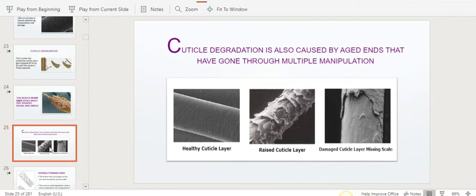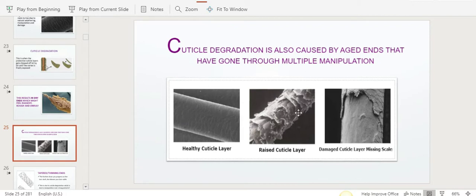So another reason why you can have cuticle degradation, aside from the regular manipulation, will be that your ends have gone through so much manipulation, because the ends of your hair are the oldest part of your hair. When we are looking at this first image, the healthy cuticle layer, it is probably really close to your roots, to your scalp. So it is fresh baby hair that just grew out of your scalp. So everything is nice, everything is in its place.